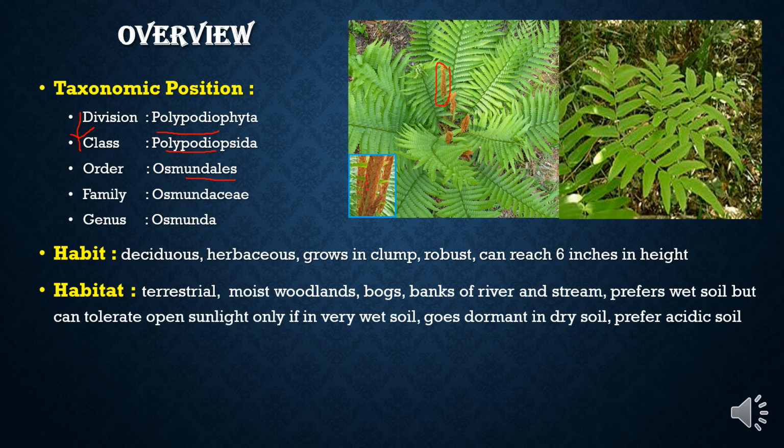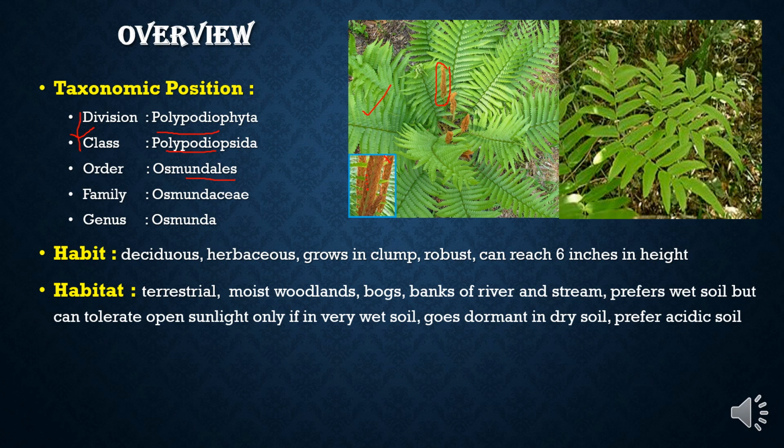So this is the non-foliar leaf, and these are the foliar leaves. This is a characteristic of Osmundales, that they have dimorphic or holodimorphic leaves, which means there will be a separate sterile and fertile leaf. There can also be a single leaf where the pinnules can be sterile and fertile. So this is a characteristic of Osmundales.